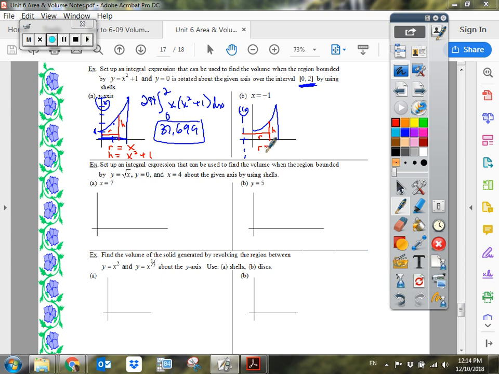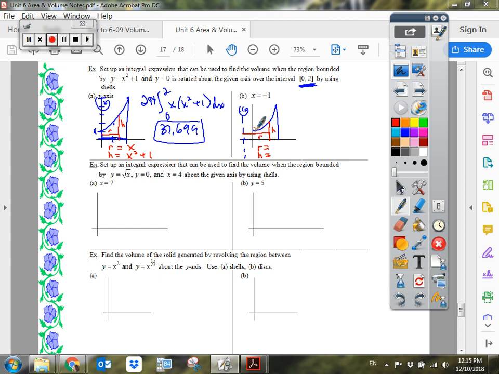So let's figure out what r and h are. So r, again, that's usually the one that gives students the most trouble. Let's talk about r. From the y-axis out, we just talked about that being x. If I want to know any spot in here, that's the distance x.